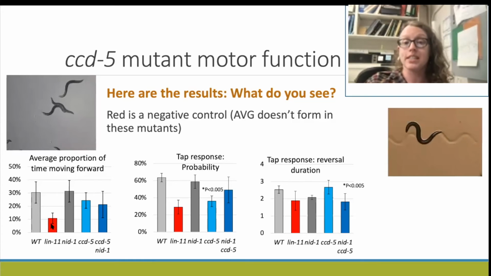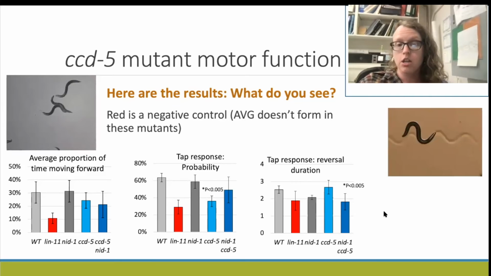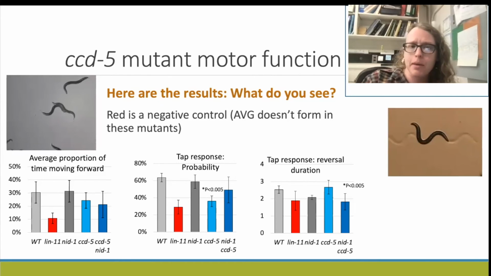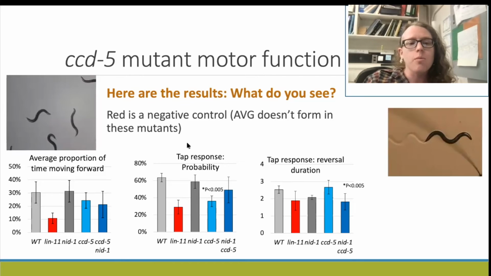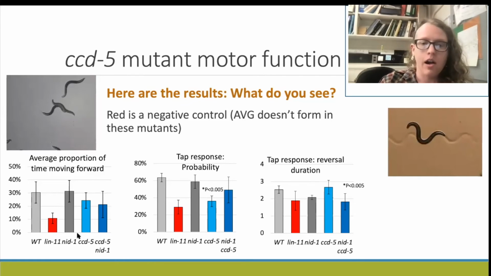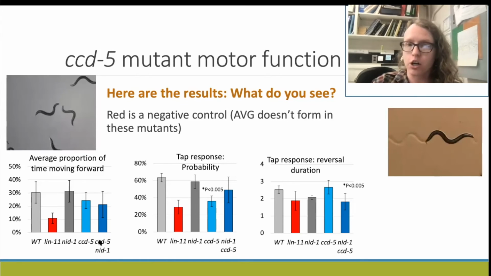And we do consistently see Lin11 null worms as the worst performing of our worms. So that kind of gives us a floor of how bad it can get, if that makes sense. So I want you to spend some time looking at these graphs and try to figure out what they mean. What are the effects of these mutations functionally?